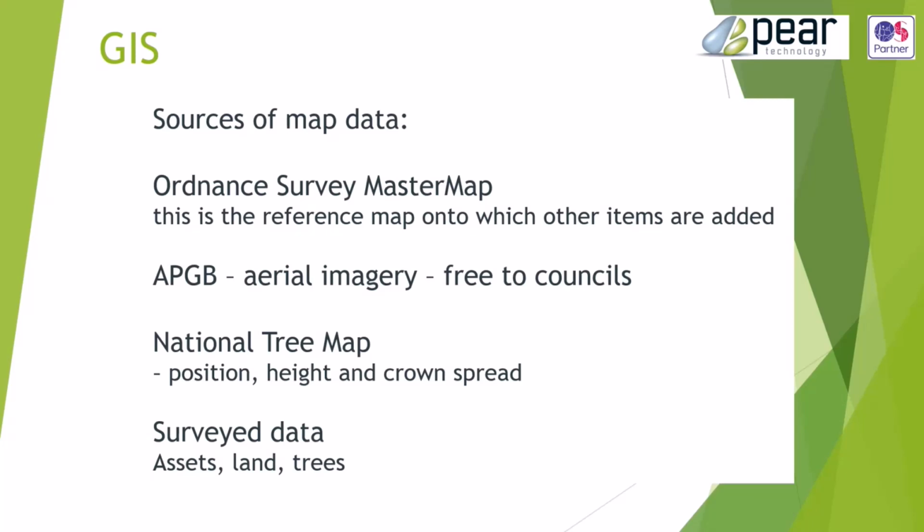The National Tree Map, which is from a company called Bluesky, who also provide the APGB, gives you the position, the height and the crown spread for every tree over 3 metres high. And the collection of surveyed data, so for assets, land, trees, whole variety of things actually that you can collect data for by asset and add those items to the map. Next slide, please, Mark.